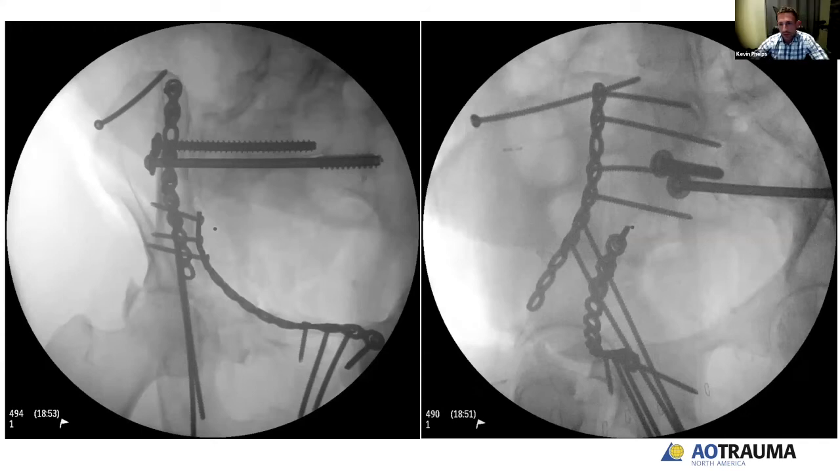The other thing worth bringing up is whether there is anything to do about this now. It's a small, somewhat peripheral posterior wall fragment, but it's more displaced now than it was preoperatively. With the reduction of the sacrum, is this now something to try to reduce? I tried to reduce it from the front and was rather unsuccessful.